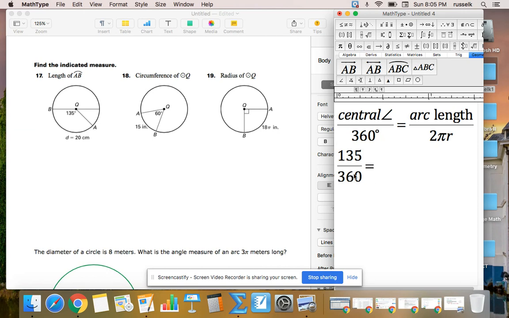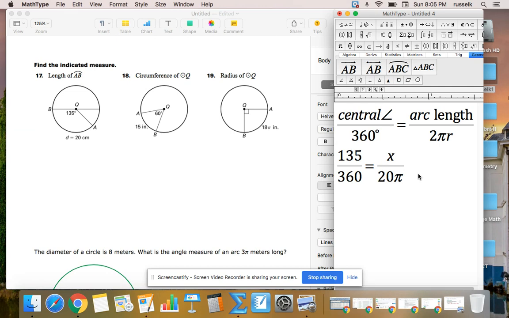I know that will be equal to the arc length, which is what they ask us to find. So we'll call that x over the circumference. They gave us the diameter in this case, which is 20. So divide that by 2 to get 10 when we plug it in. So 2 times 10 is 20 pi, or our circumference.